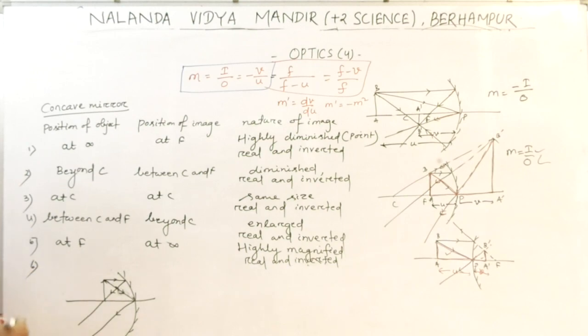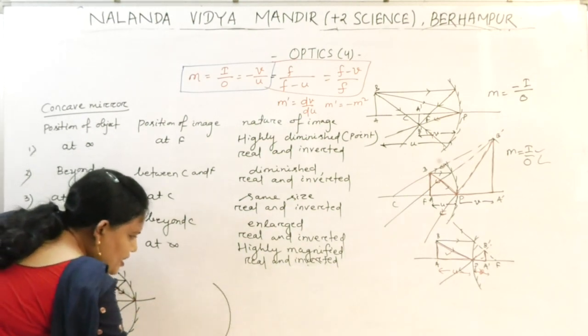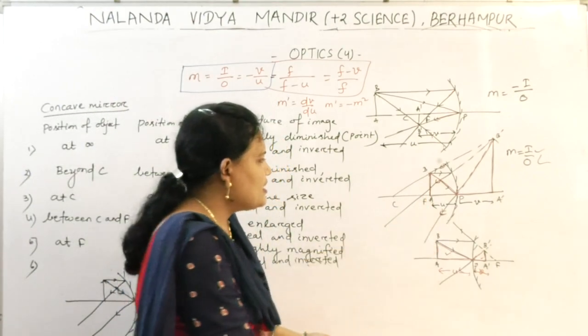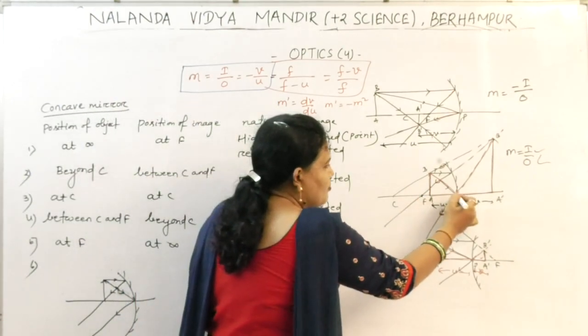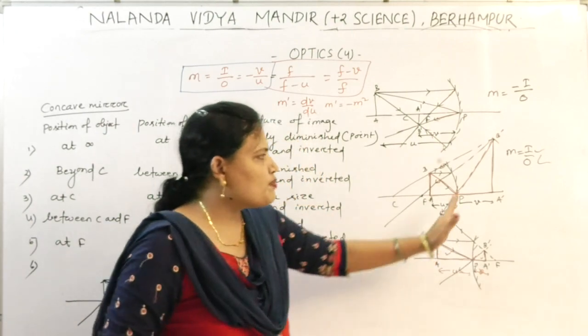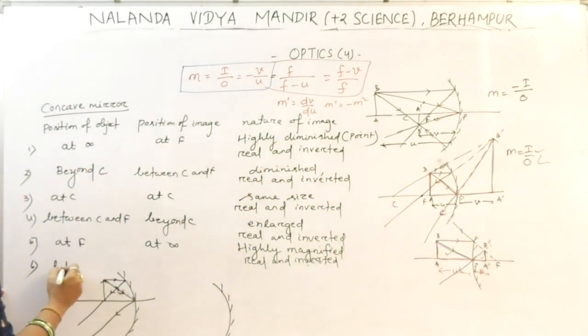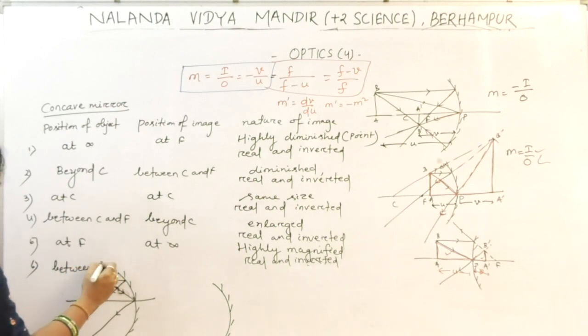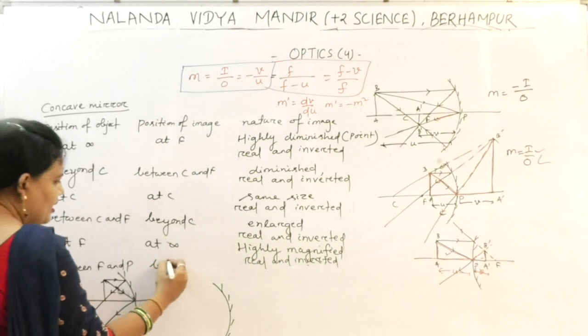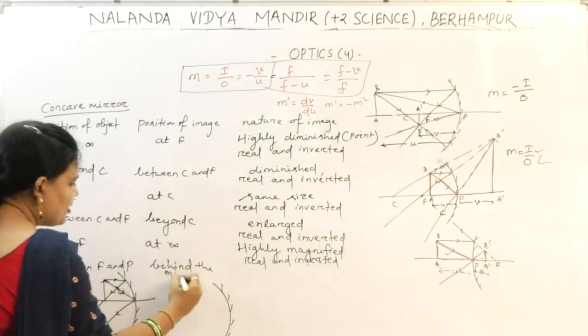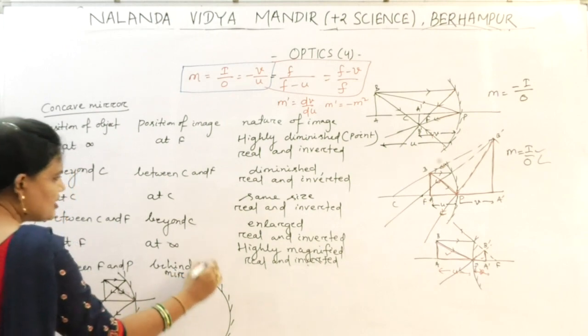Next, if the object is between the pole and the focus, this is the case. Then where is the image found? Behind the mirror, between F and P. Behind the mirror, on the other side of the mirror, the image is formed.